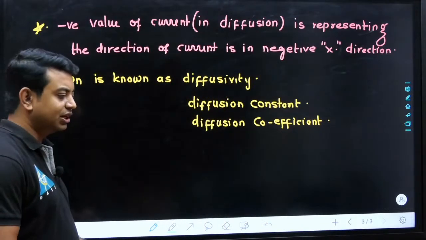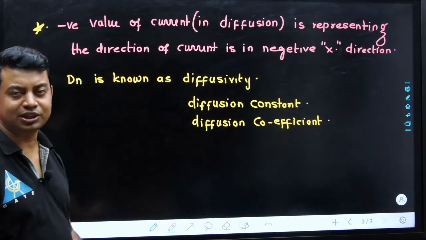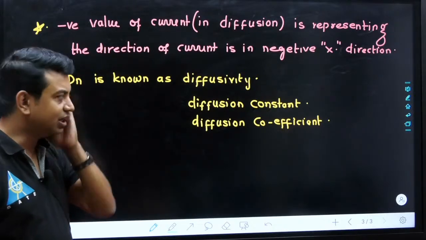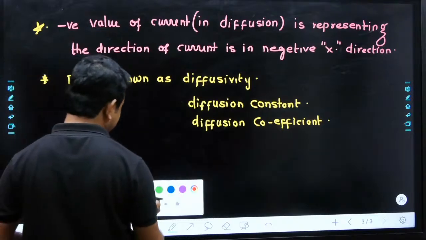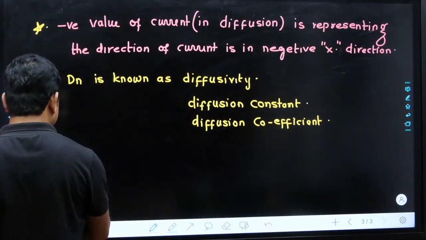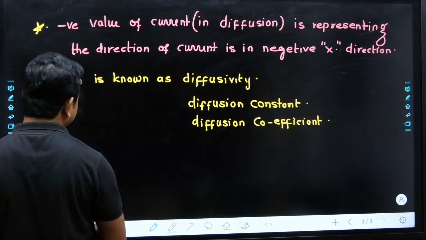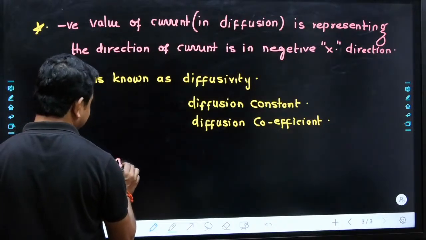So, this is similar to mobility: diffusivity and mobility. How can we connect this with mobility? Can you tell me what mobility, mu n, is? Mu n resembles the mobility.